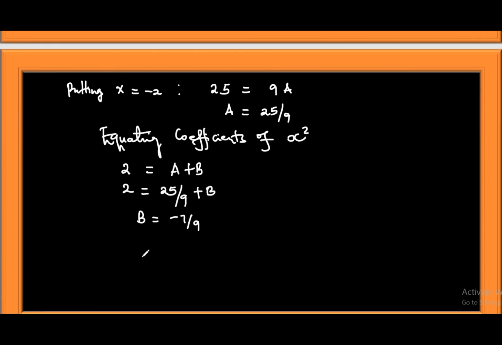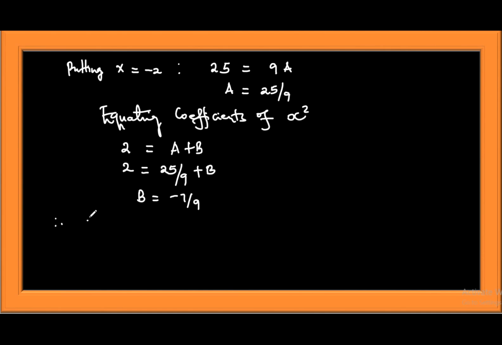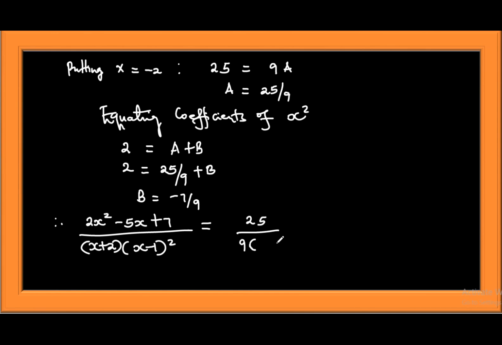So we shall conclude by saying that therefore 2x squared minus 5x plus 7 divided by x plus 2 into brackets x minus 1 squared is equal to 25 out of 9 into x plus 2 minus 7 out of 9 into brackets x minus 1, and finally 4 out of 3 into brackets x minus 1 squared. So from there, we are done with expressing our fraction as a partial fraction.